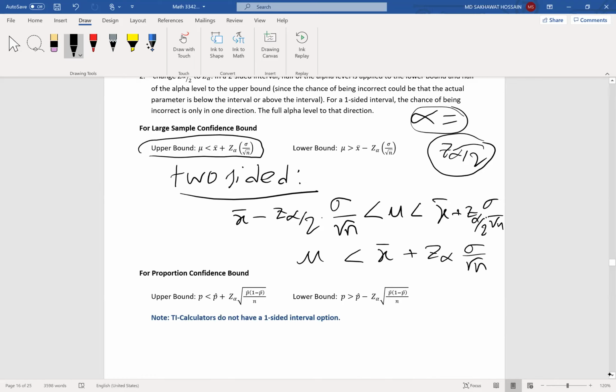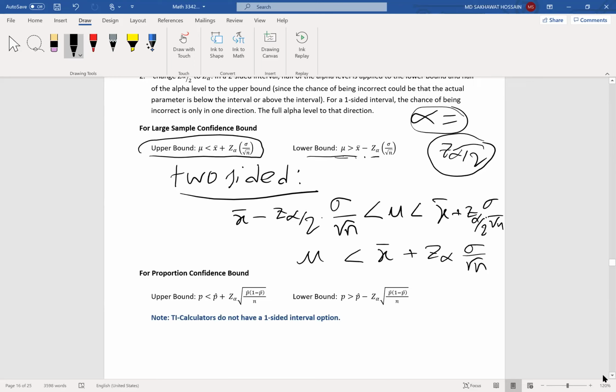And for the lower confidence limit, it will be mu greater than, meaning mu cannot be less than this value. We are 95% or 90% confident that mu is greater than x bar minus z alpha times sigma over square root of n. The only difference is that for two-sided we have z alpha over 2, and for one-sided we have z alpha.